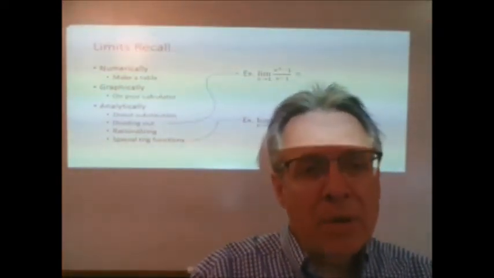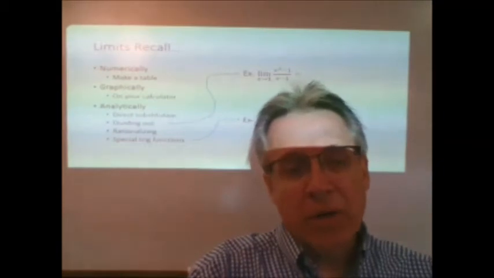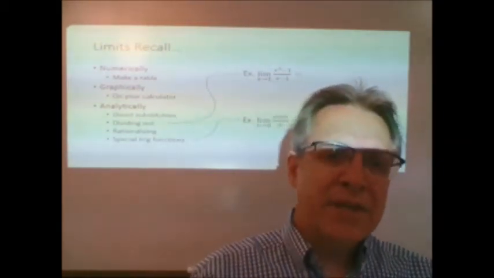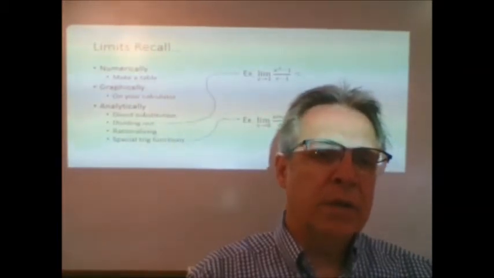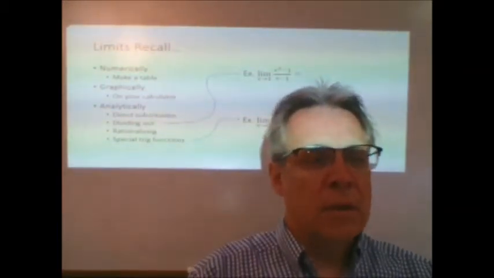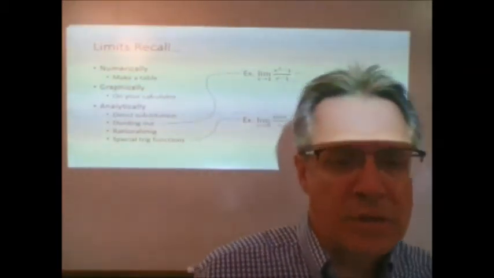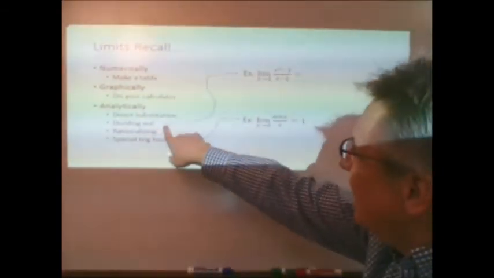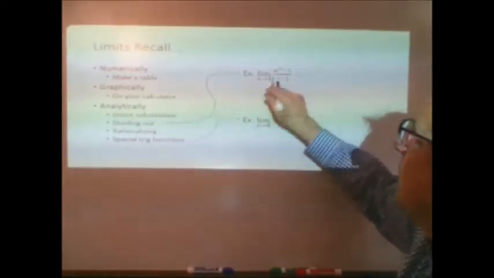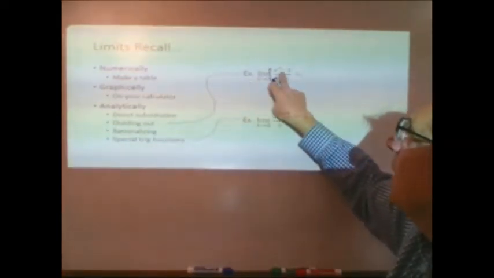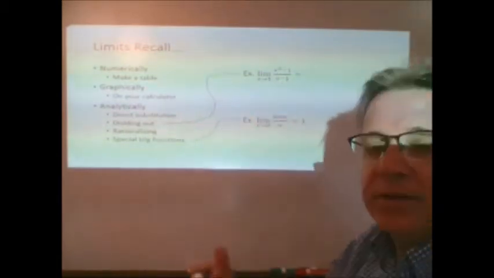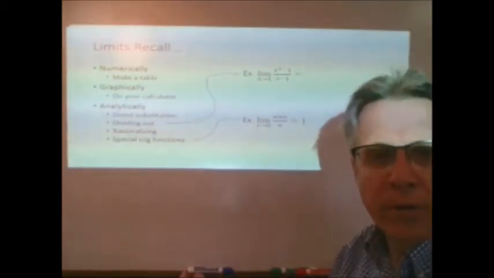We made a table, we plotted them on our calculator and looked at the calculator. And then we did a lot of techniques involving algebra that are called the analytical methods: direct substitution, dividing out, rationalizing, special trig functions. And recall, when we put 1 in here, we got 0 over 0, and that's an indeterminate form. We don't know what that means.